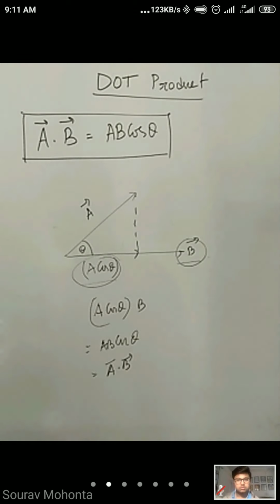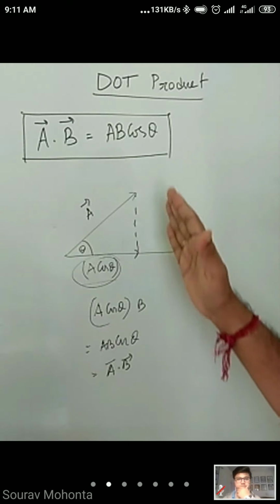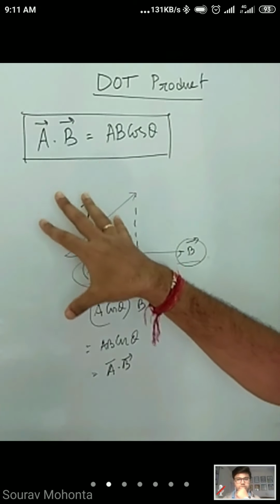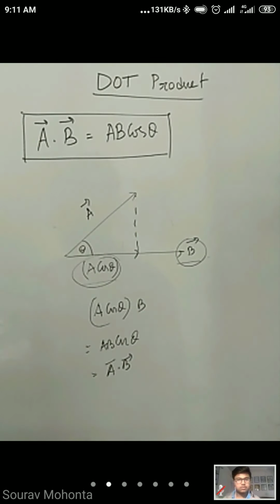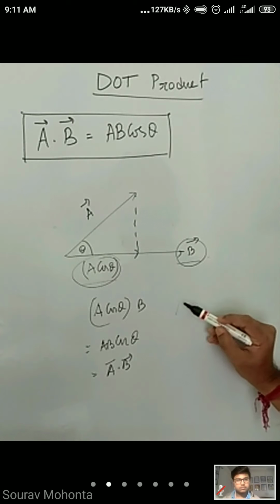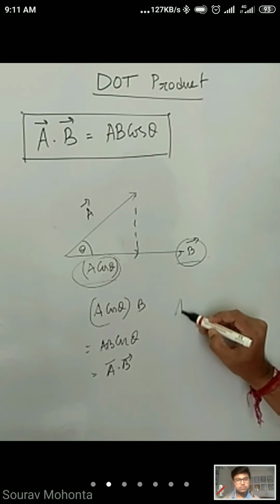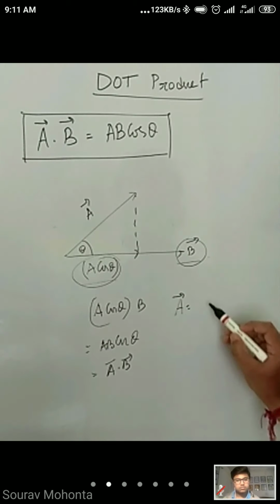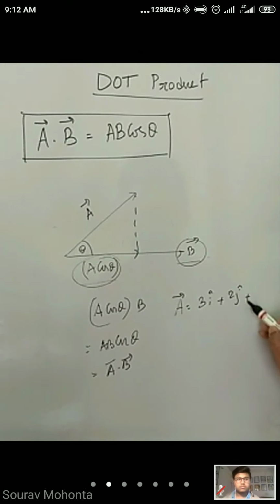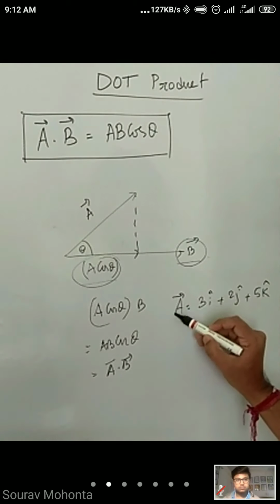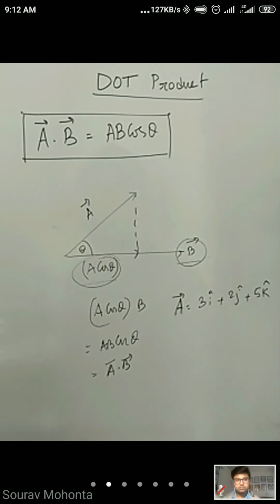So this is the dot product if the vectors are given like this, A, B, and their angle is given. But suppose two vectors are given like this: vector A is 3i cap plus 2j cap plus 5k cap, in this vector resolution format.